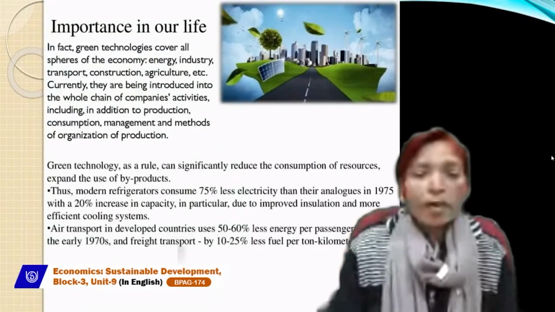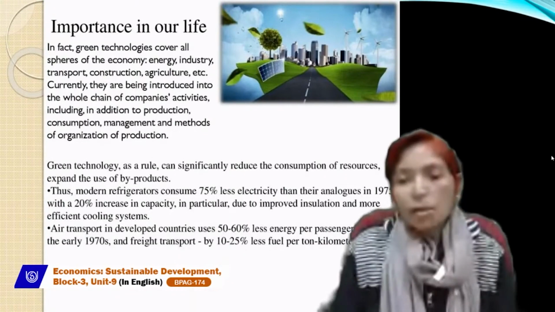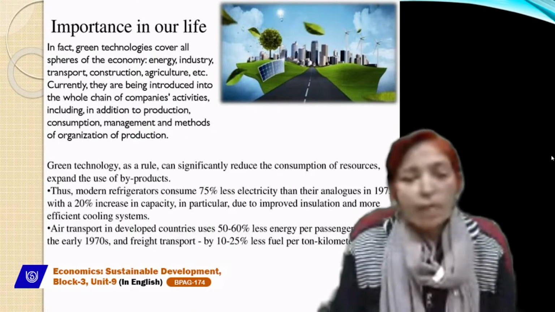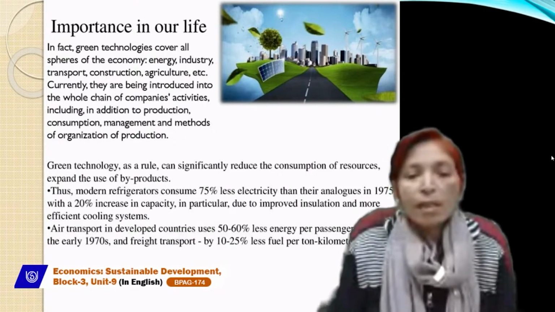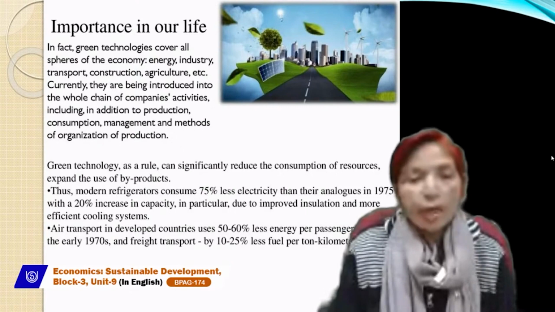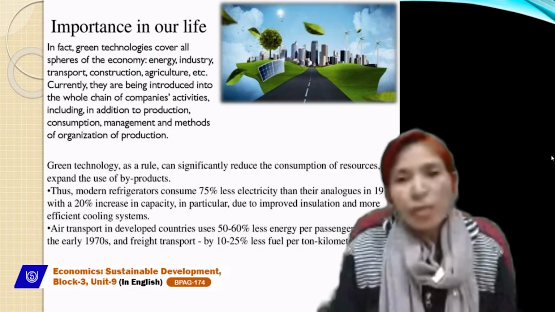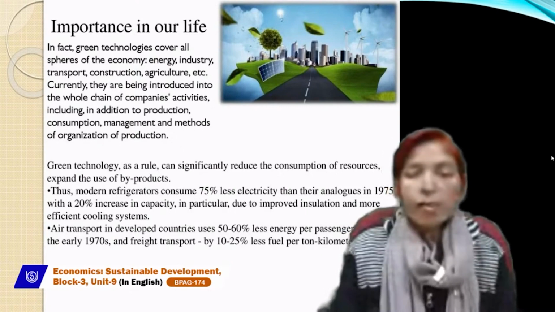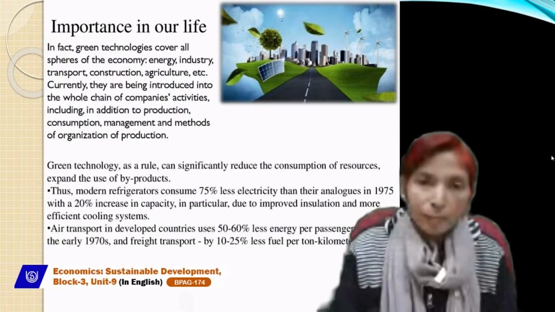Thus, modern refrigerators consume 75% less electricity than their analogs in 1975, with a 20% increase in capacity, in particular due to improved insulation and a more efficient cooling system.